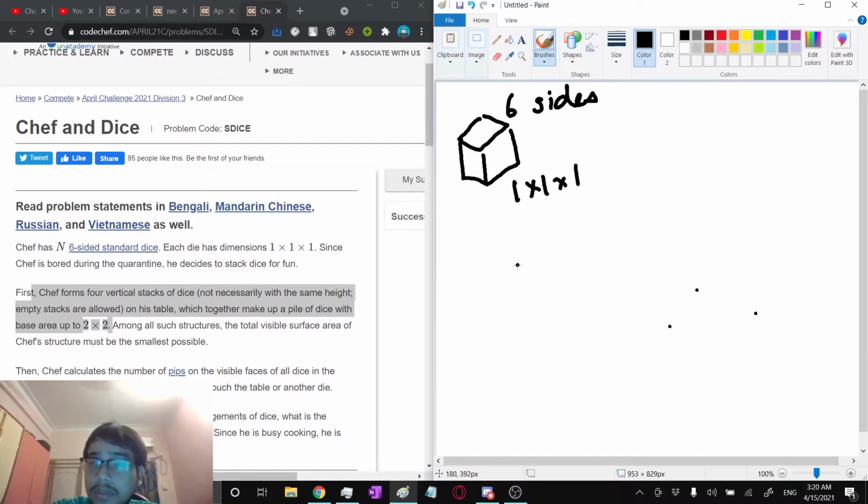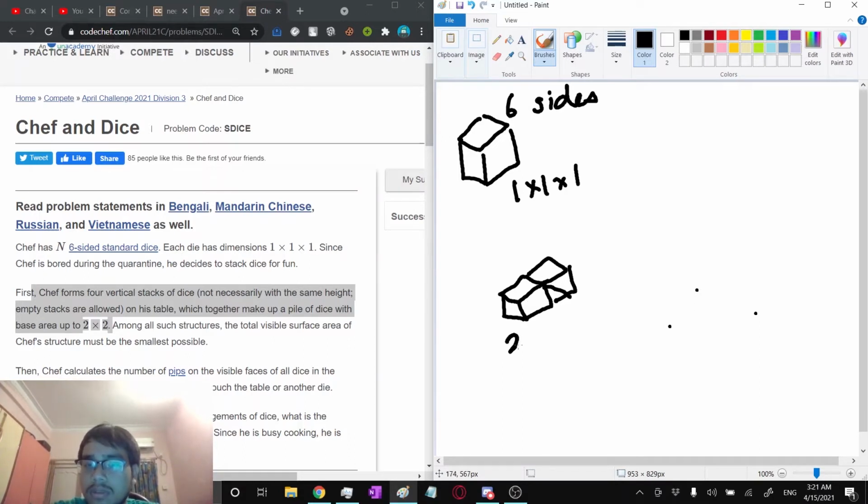So basically, it means one die over here, one die over here. Then it's 2 x 2, right?